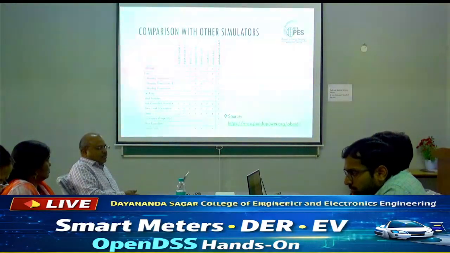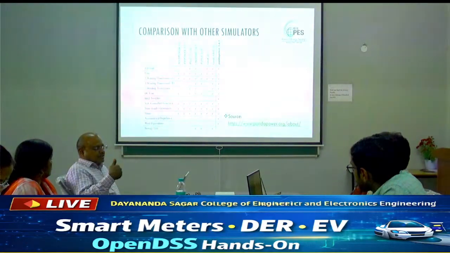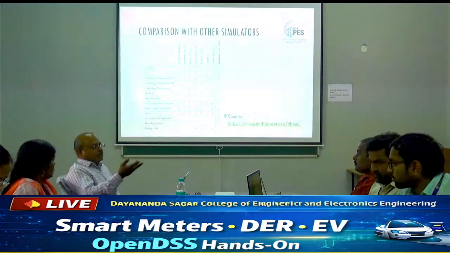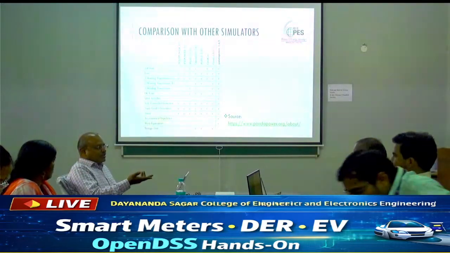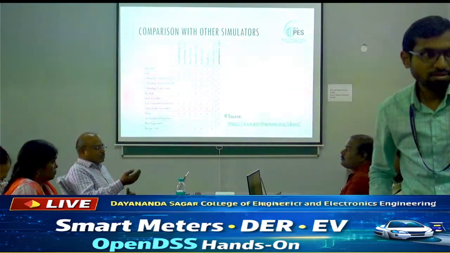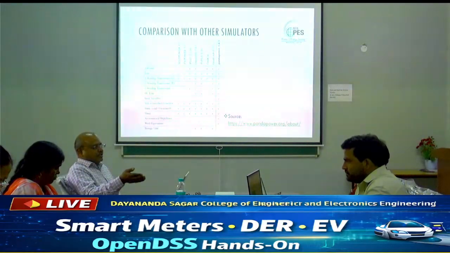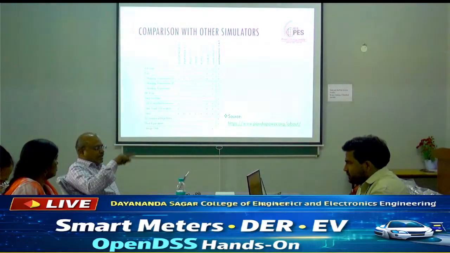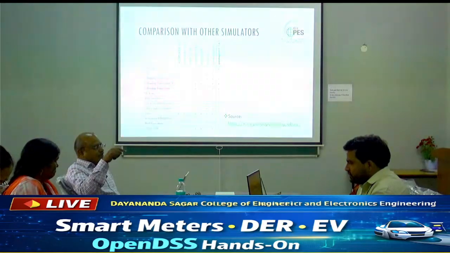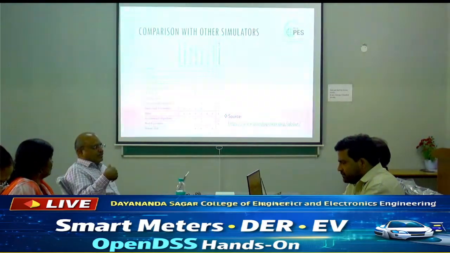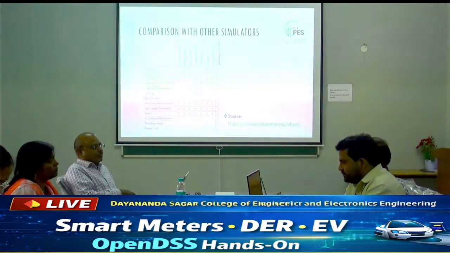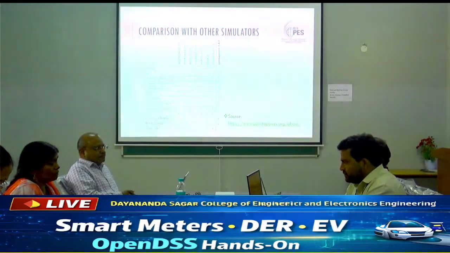Most of the time, instead of starting from scratch, you will take the IEEE 123 circuit and then modify it. Those circuits are already available in OpenDSS format. When you install OpenDSS, they are there. In the folder where OpenDSS is installed, the sample circuits are all there, which you can use as samples.